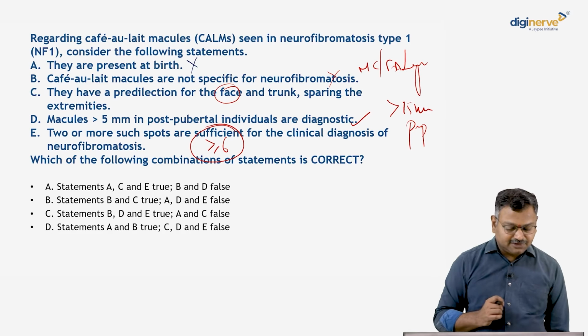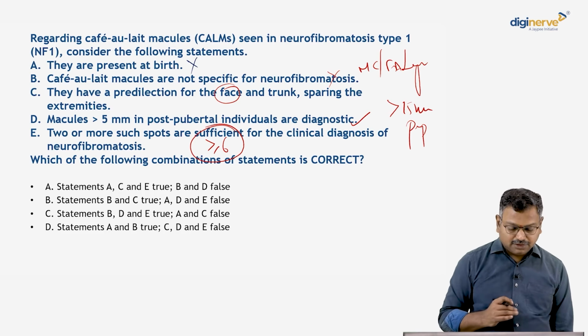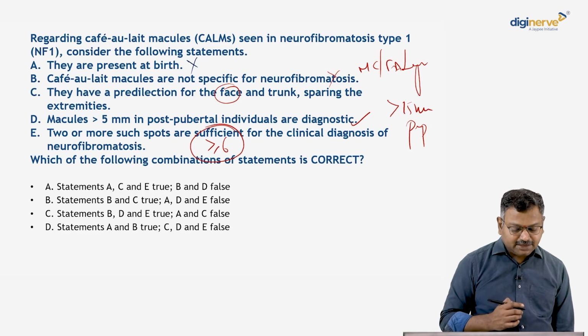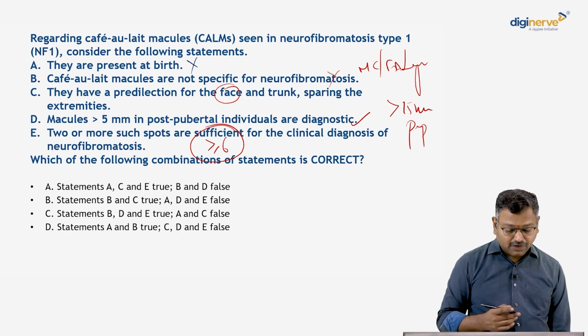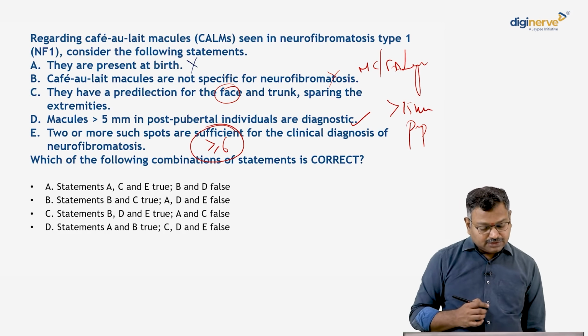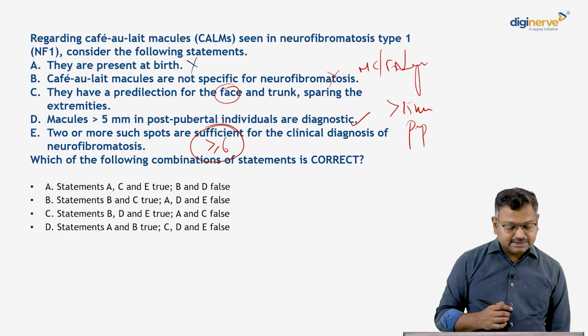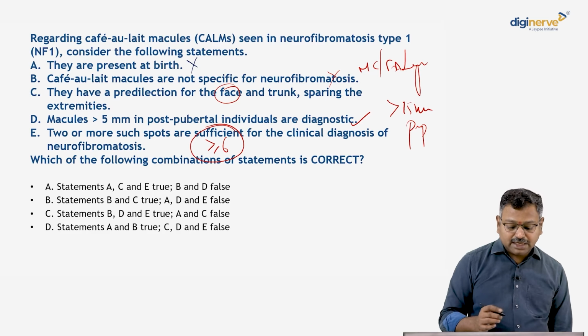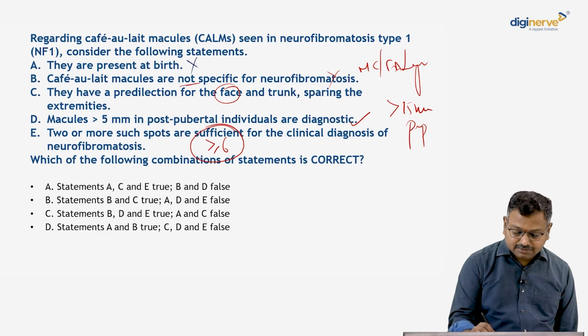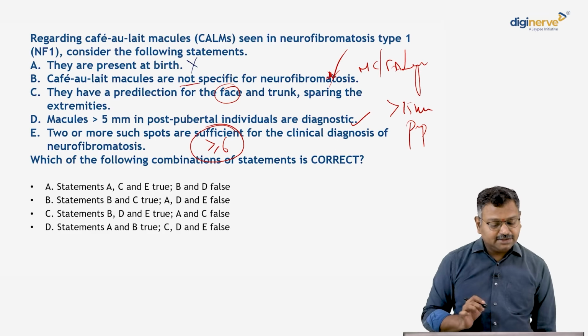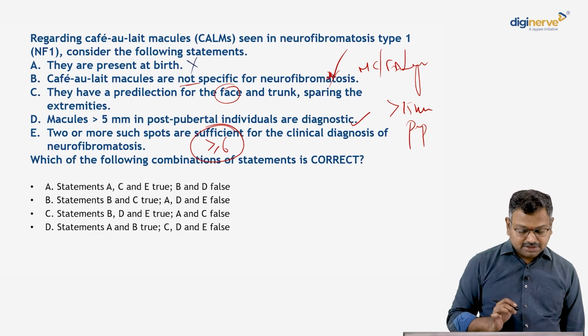So for the statements you're seeing here, the options have not given whether this is true or false. So we know that the statement that Café-au-lait macules are not specific is correct. And the statement on post-pubertal macules is correct.